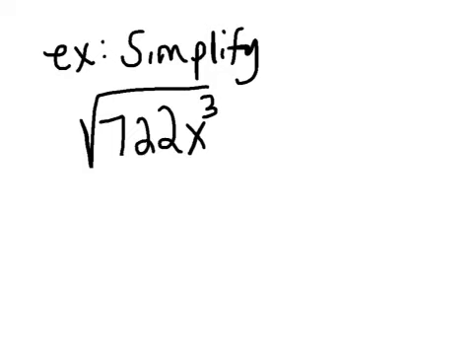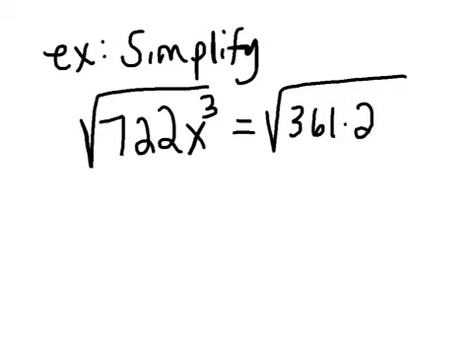All right, this next one has a lot bigger number here, and it has a variable. Now you're going to start with dividing this number by 2 and see if you get a perfect square. So 722 divided by 2 is 361. That is a perfect square. Now, you have to look at x to the third power. You're trying to take the square root of a number.